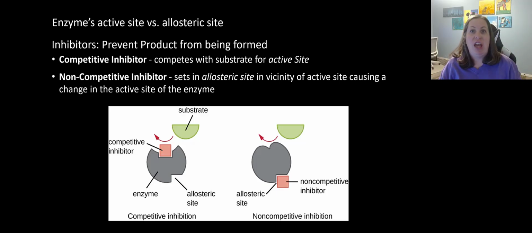Well, that changed the shape of the parking space just enough that you may not feel comfortable parking there. All right, and so it changed that shape. Even though they weren't actually parking or in the spot you wanted, that spot's no longer usable, okay, because it changed the shape just enough to where you couldn't fit. Okay, so that's what we consider a non-competitive inhibitor.